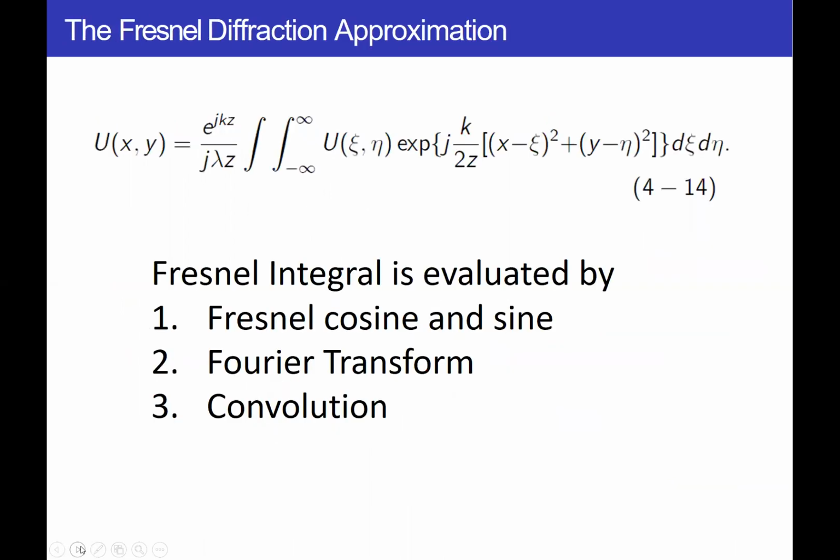Okay, what we have learned in the previous class is that this is our scalar diffraction approximation. More specifically, this is the so-called Fresnel diffraction approximation based upon some assumptions. We have already made some assumptions here, but we think that it is valid. So this is our starting point. If you look at this integration closely, there is our aperture, the field at the aperture.